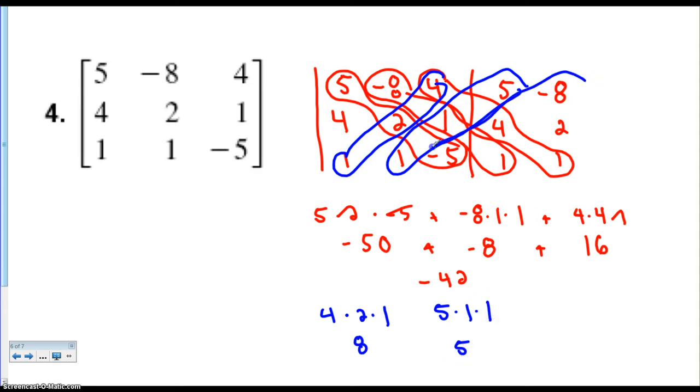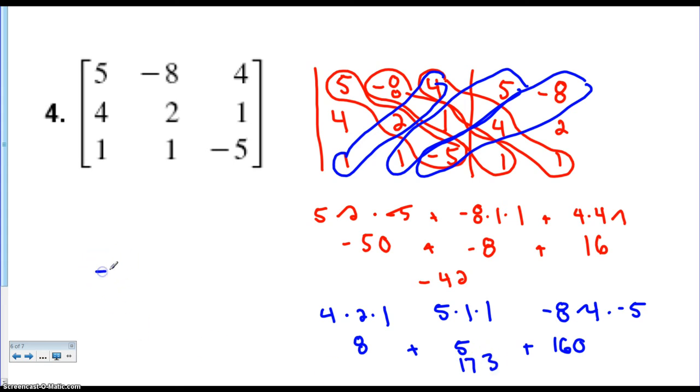I'm going to take negative 8 times 4 times negative 5, which gets me positive 160. I'm going to add these numbers together. 8 plus 5 plus 160 is 173.